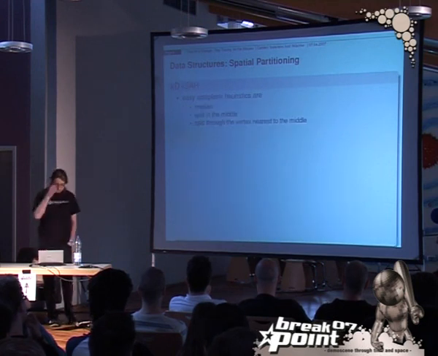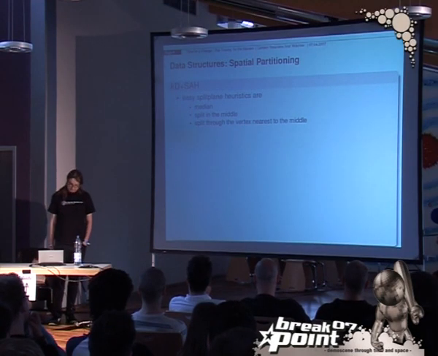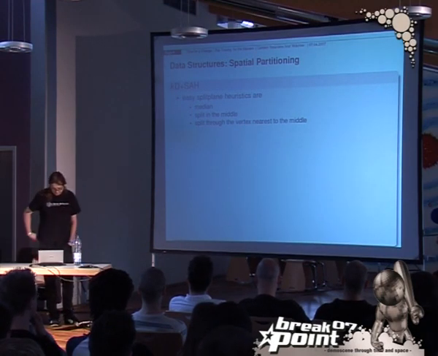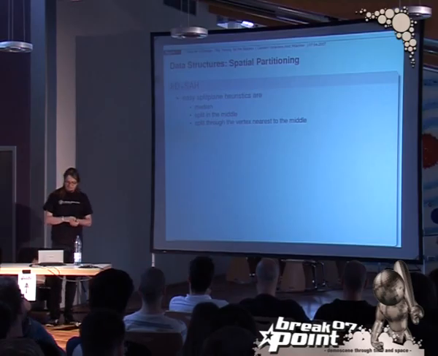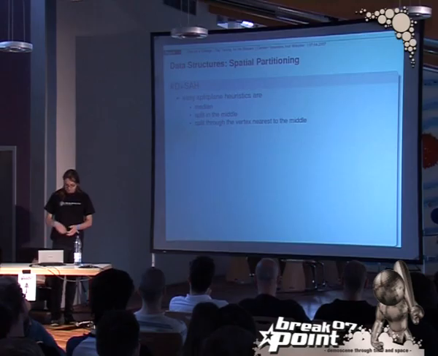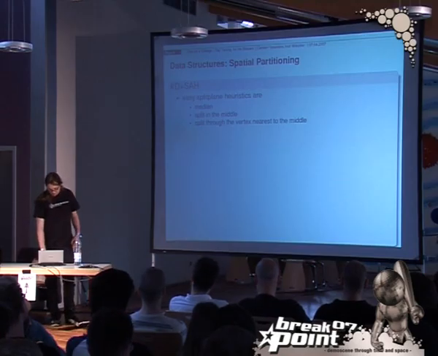So, as I said, you have to choose a split plane. And this is a pretty hard thing to do, because there are the easy ones that are also cheap to calculate, and there are the difficult ones that eat up lots of CPU time.